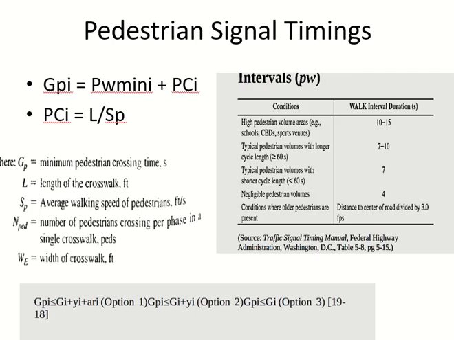Then we have pedestrian clearance time. You have seen pedestrian signals, right? Before they become red for pedestrians, before they become green for us, what do they do? They blink. That blinking is called clearance time. Now, what is blinking for?